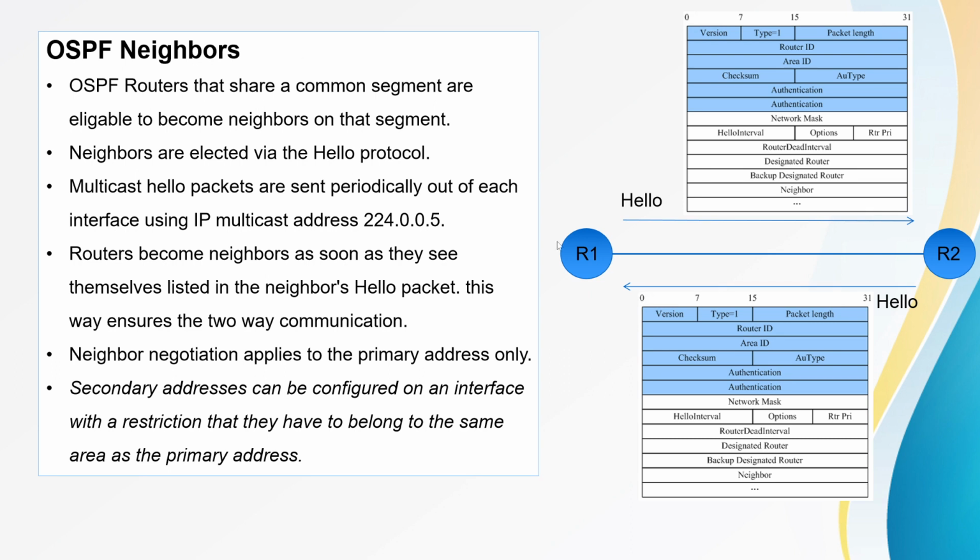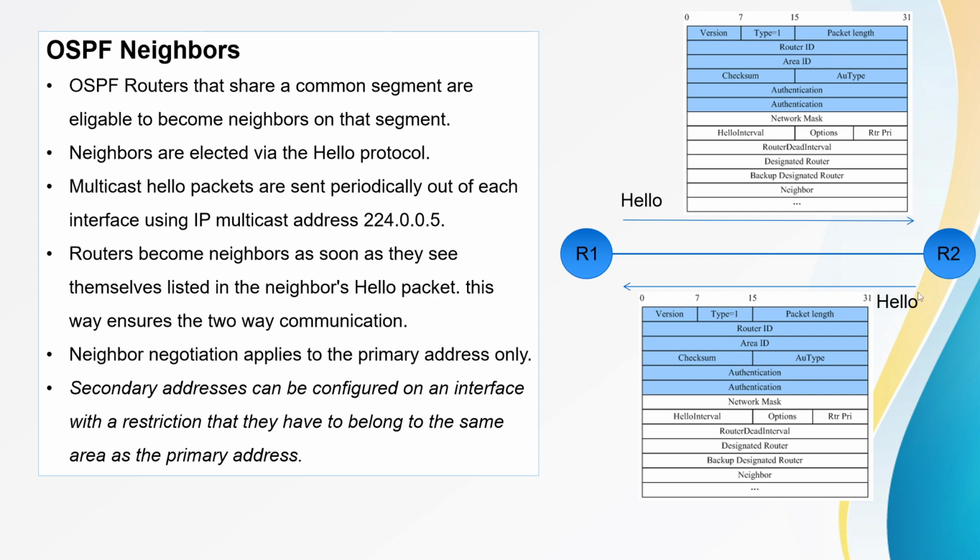So the diagram here is R1 connects to R2. R1 sends the hello packet out to R2. In R1's hello packet, R1's router ID is contained. When R2 receives R1's hello packet, it gets R1's router ID.